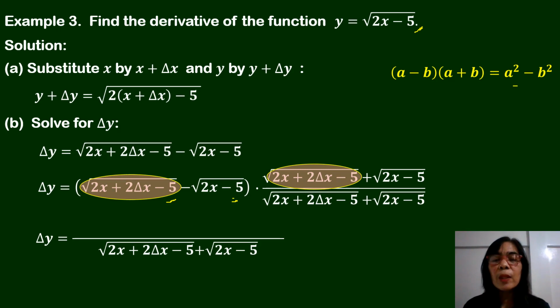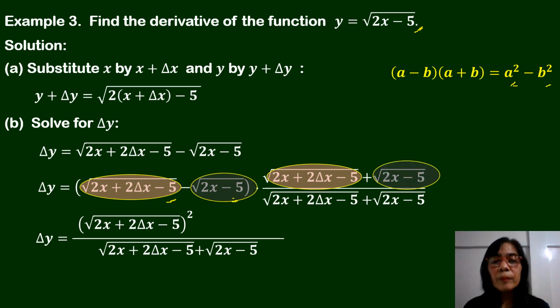Notice it's the same quantity in the second factor. So applying now the square of the first number, this will give us the square of the square root of 2x plus 2 delta x minus 5. Then we have here minus the square of the second number. The second number is the square root of 2x minus 5. So we have minus the square of the square root of 2x minus 5.